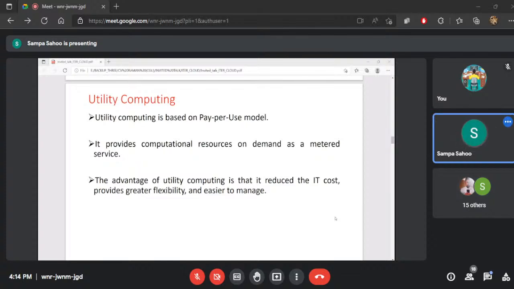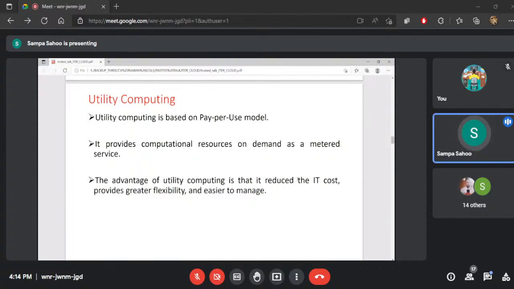Based on that, you will get an electricity bill. Like that, in cloud, depending on your use, you will pay the amount. So from utility computing, cloud computing takes this pay-per-use model.